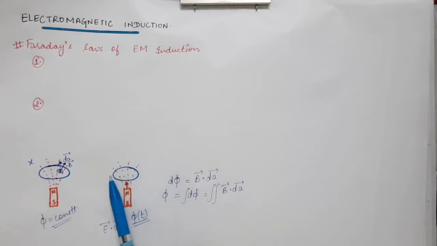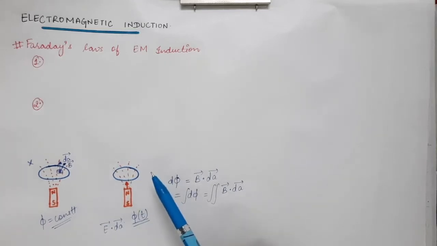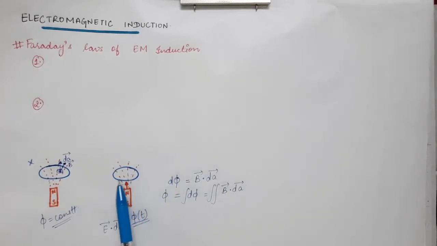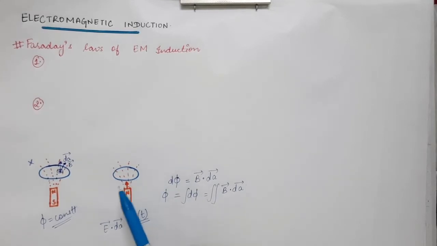So if you have a closed circuit like this and the magnetic flux linked with this surface changes, in that case induced EMF is set up in that circuit and induced current will flow through it.